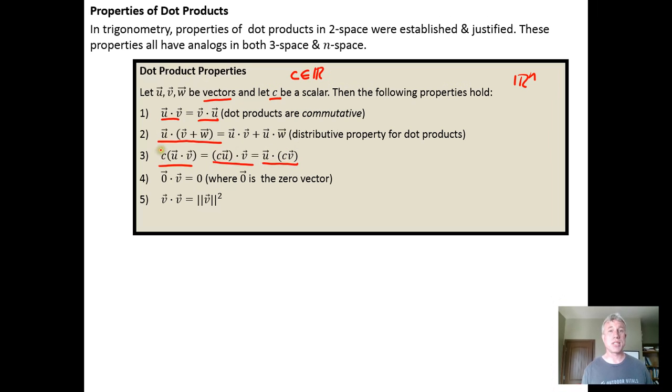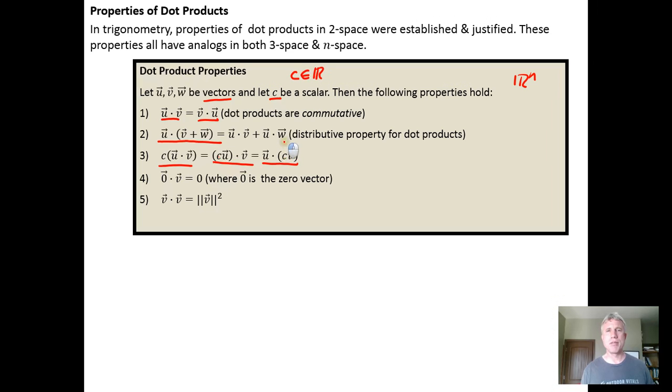It says if you have a scalar, so a real number, times the dot product of 2 vectors, you can multiply the scalar times vector u and then do the dot product, or you can multiply vector v by the scalar c and then take the dot product of the result. One of the practical applications of this is, say you have a vector v and you notice that the components have a common factor.